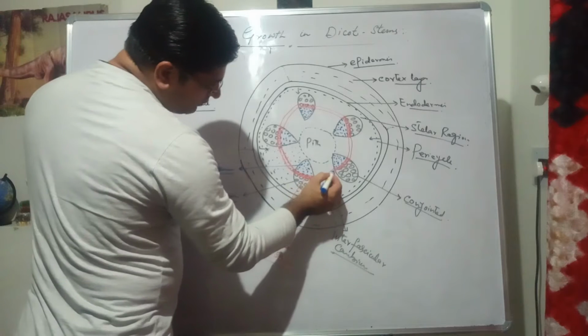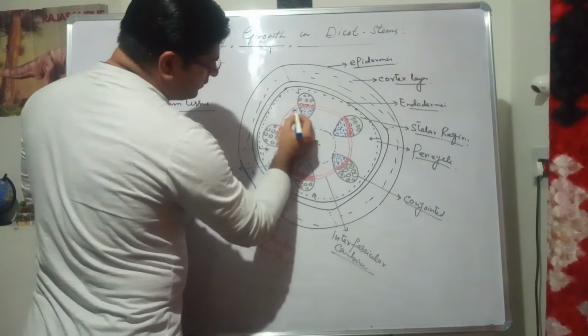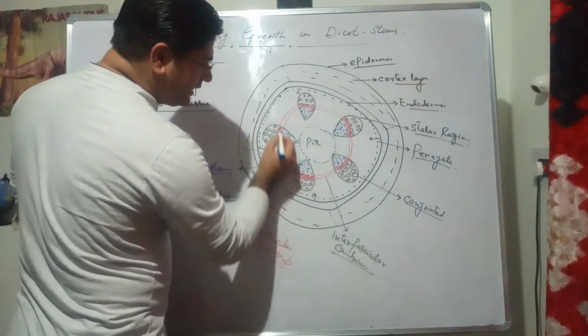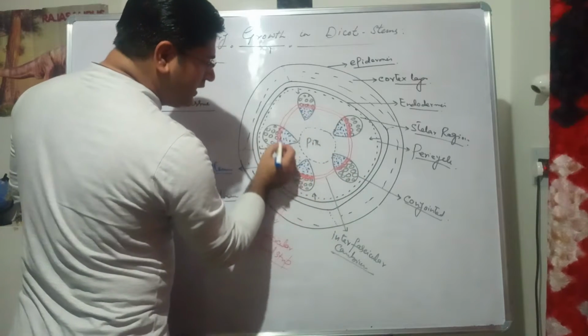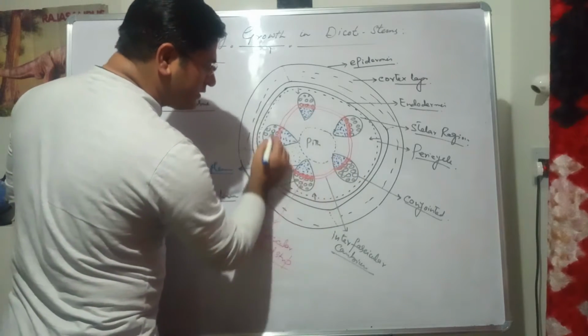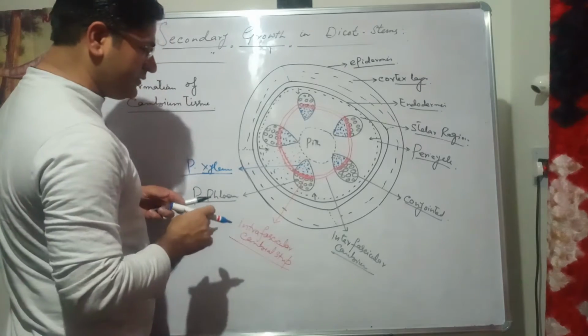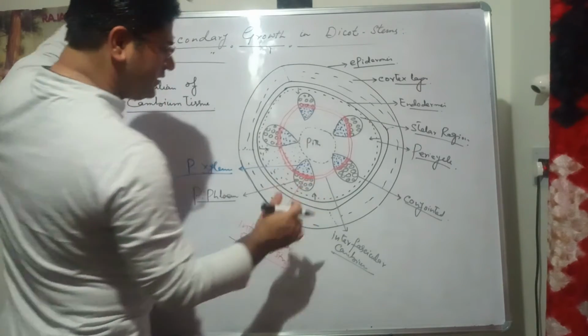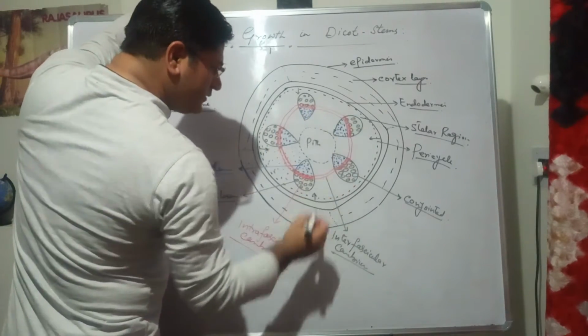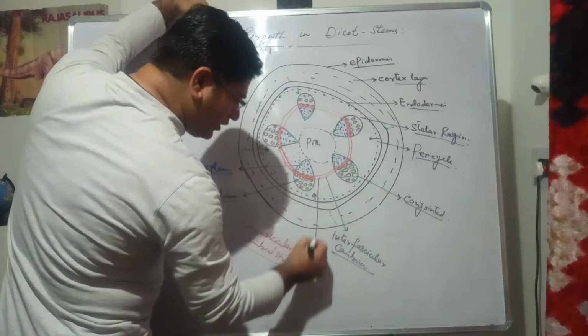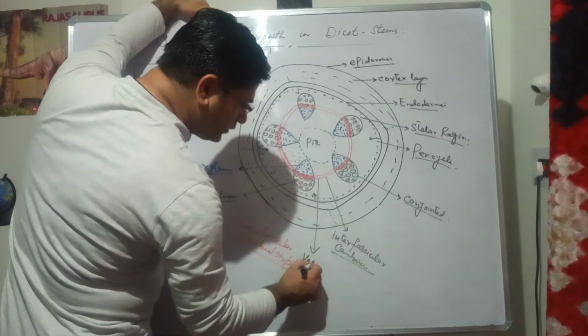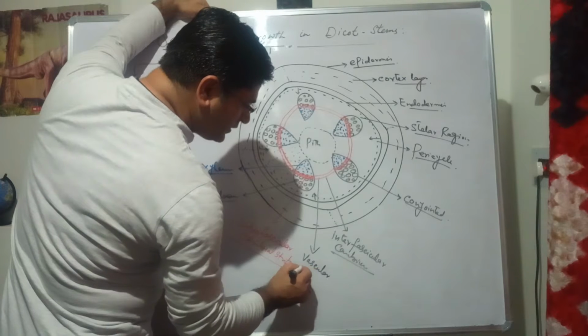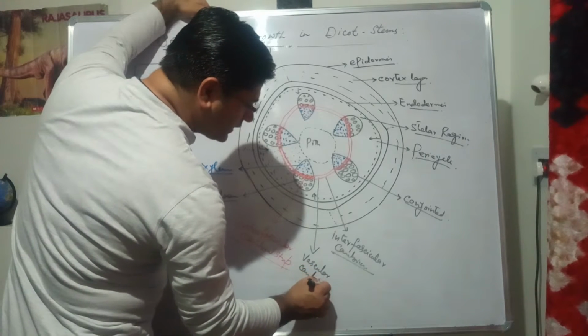So then a ring-like structure is formed, like this. It makes a complete ring of vascular cambium. And that ring, when it takes a ring shape, that whole ring is also known as vascular cambium, or the vascular cambial ring.